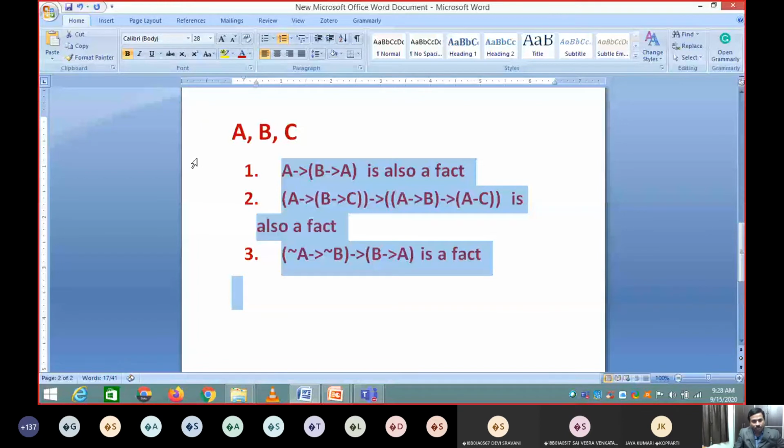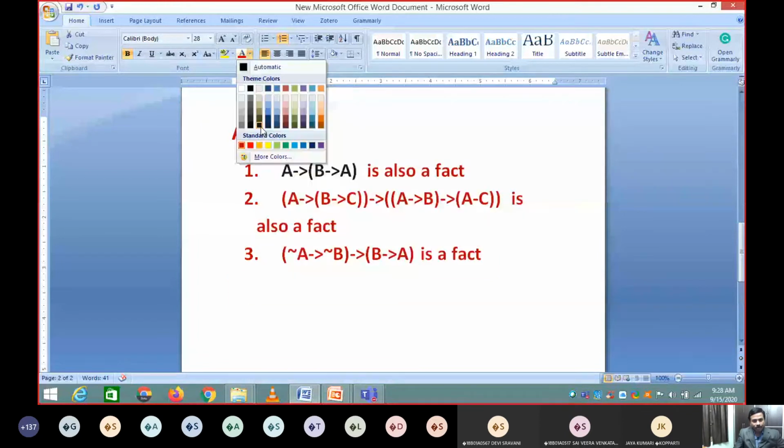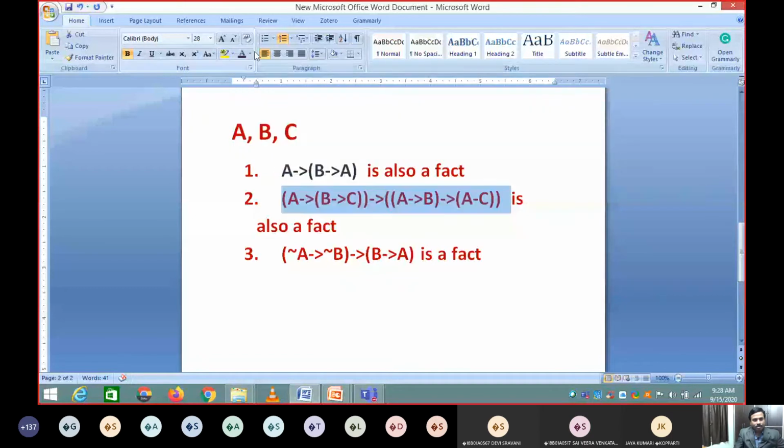So these statements are very important. Whatever I have written, you have to think about what these statements are.